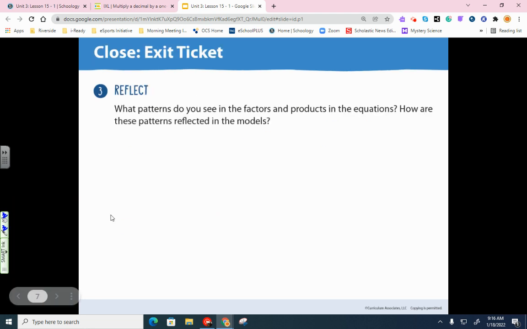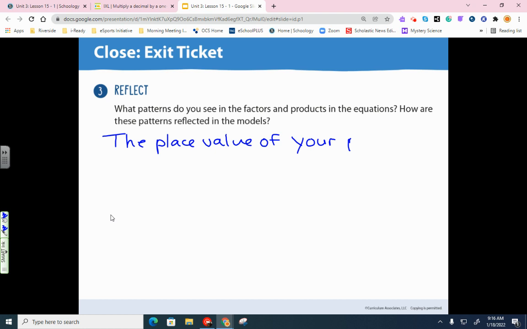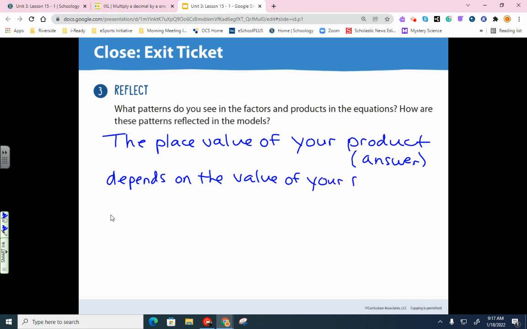What patterns do you see in the factors and products and equations? So the place value of your product or your answer depends on the value of your factors, or the numbers you're multiplying by.